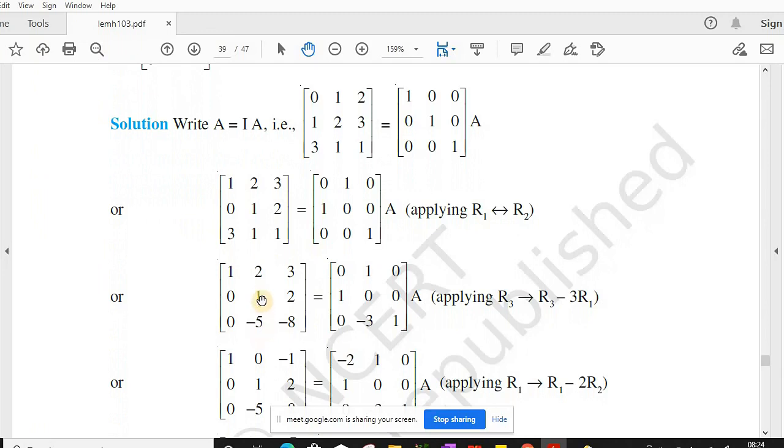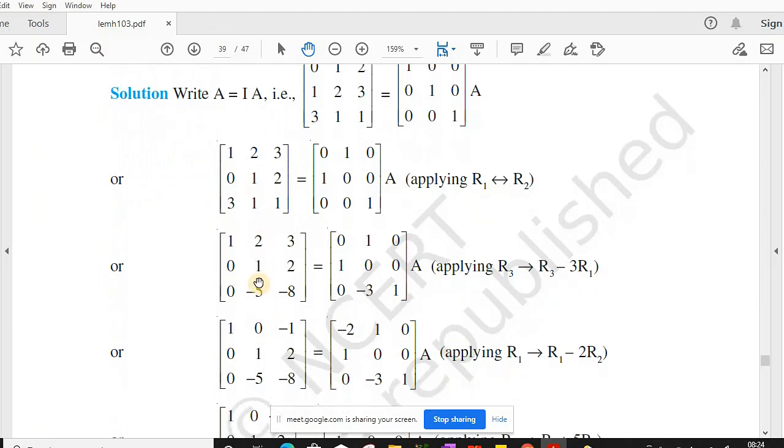If this is 1, that is okay. If it is not 1, you can exchange with the lower rows to bring a 1 here. Then if it is not 1, you can also multiply this row by applying a row operation of the second kind.